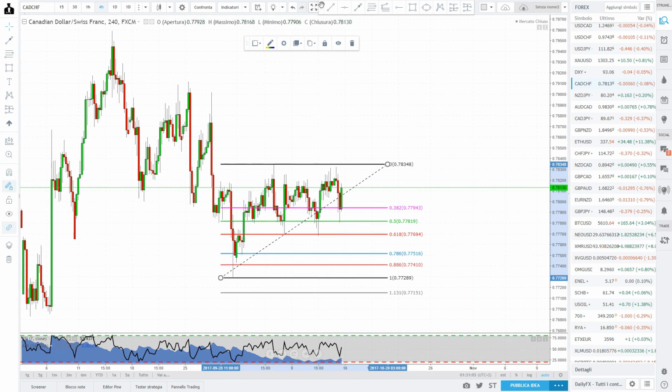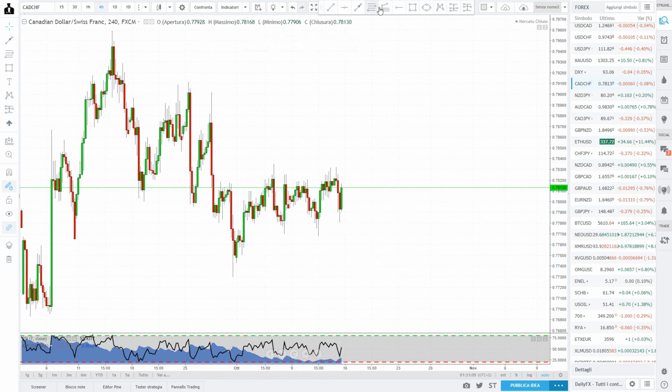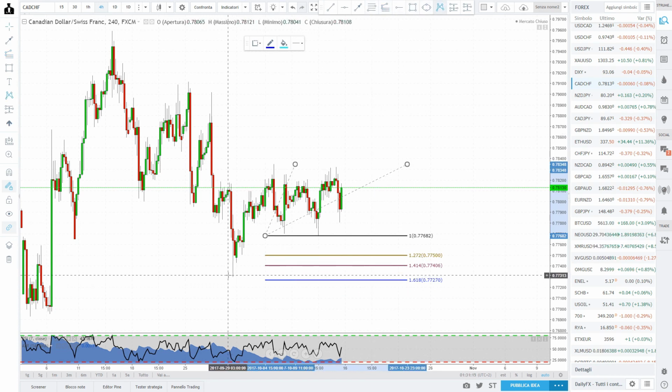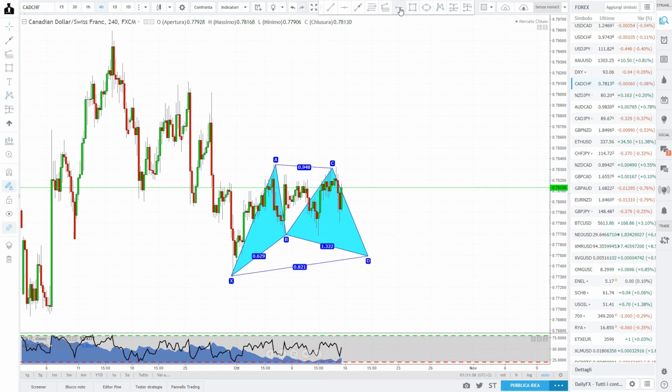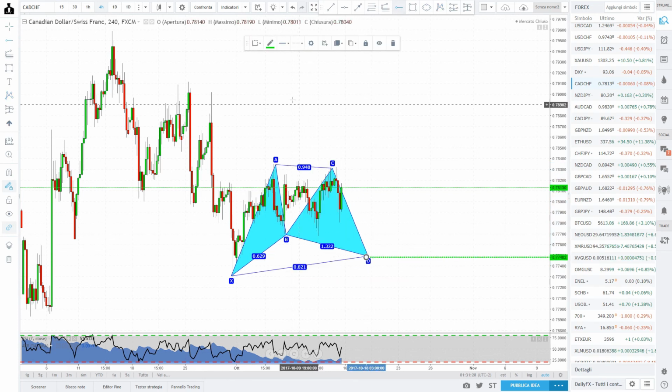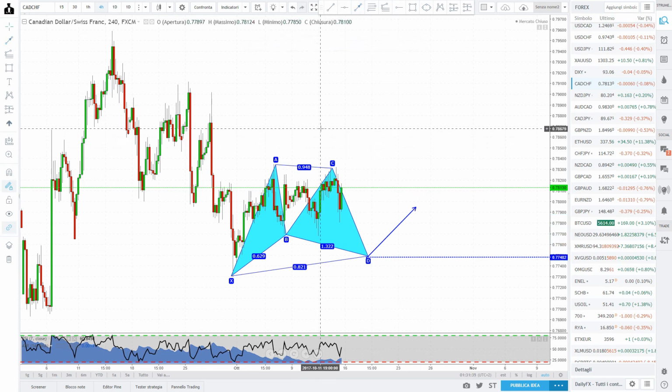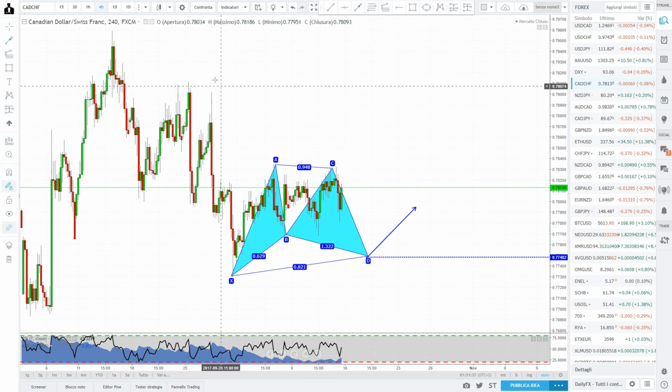This gives us the conditions to have what is called a Gartley formation that completes at the 1.27 extension of A to B. So along down here in hope to get a reversal.